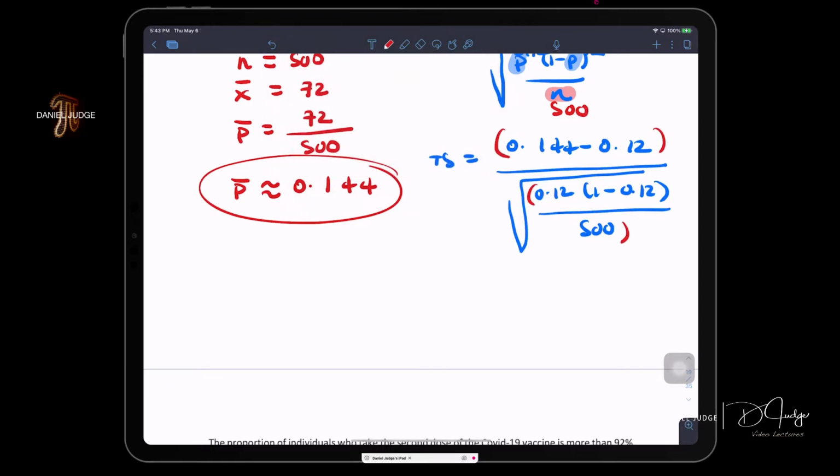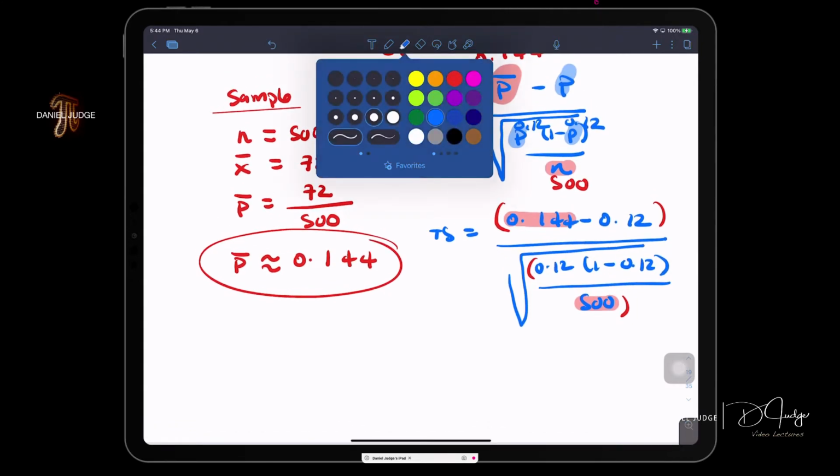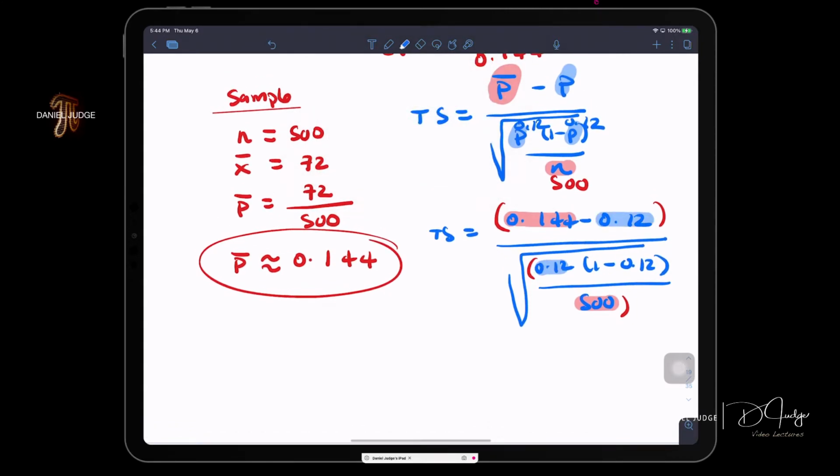Parentheses, parentheses, parentheses. So just to illustrate, sample proportion, sample size, to make sure everything is in the right locations. Let's colorize this.